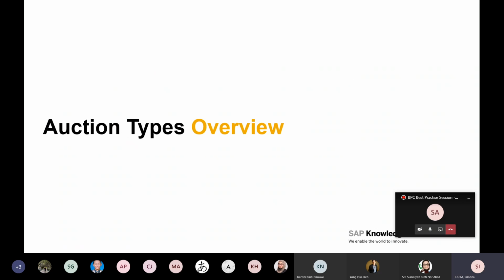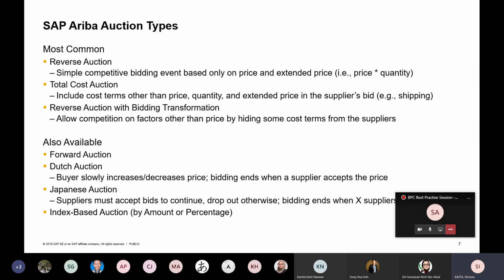So in SAP Ariba, once again, an auction is a real-time pricing negotiation where the buyer sets up the rules and supplier organizations or vendors compete. The auction comes at the very end of your negotiation.